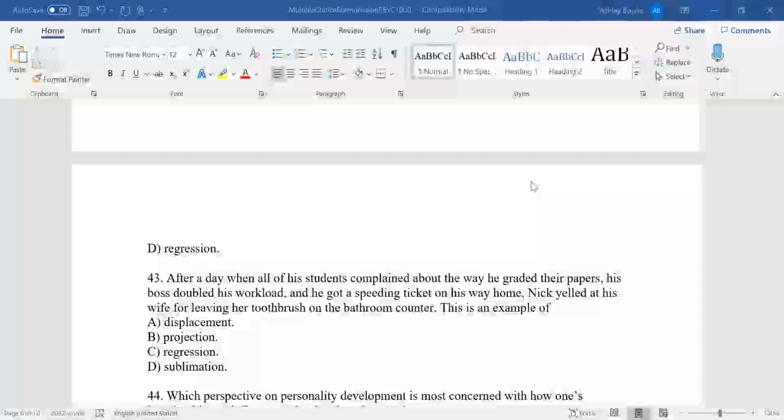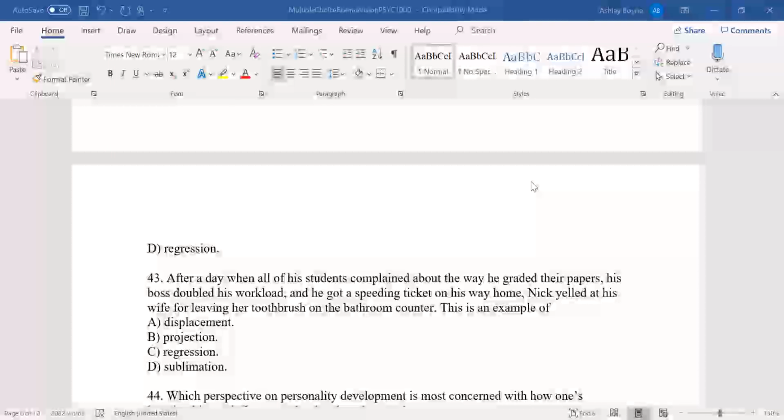Okay, so number 36. The prevalence of a disorder refers to A, its accuracy or correctness as a diagnosis of a real mental illness, B, the agreement among professionals about a diagnosis for a specific patient or client, C, the percentage of persons within a population who exhibit the symptoms of a particular disorder, or D, the popularity of a diagnosis among different types of mental health professionals.